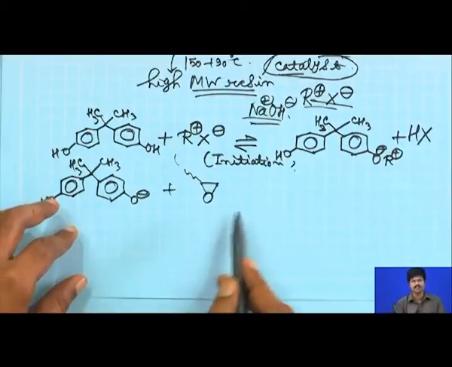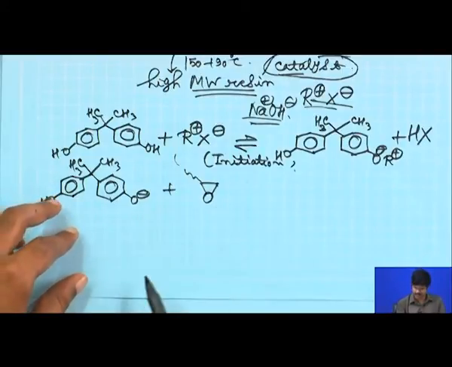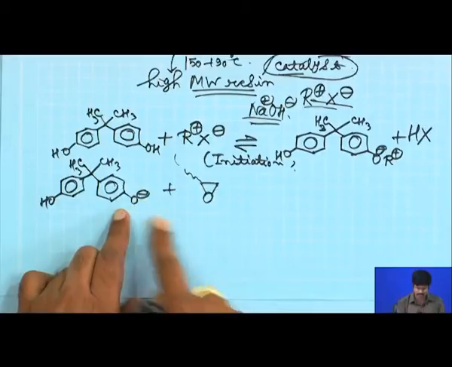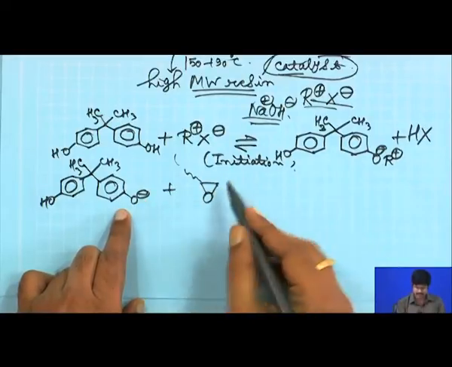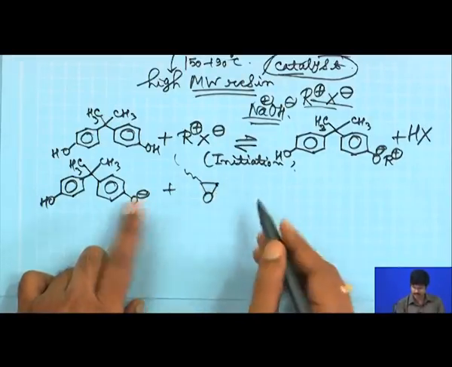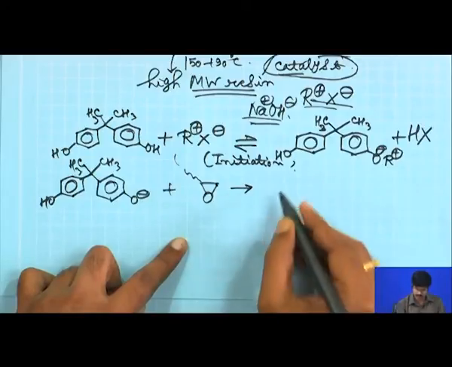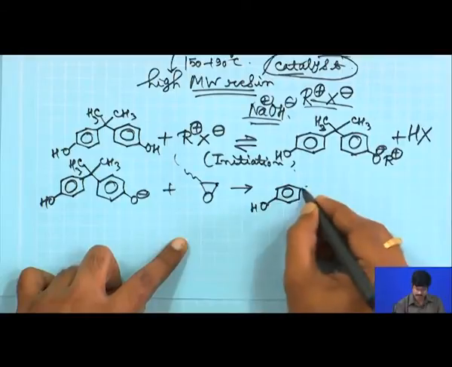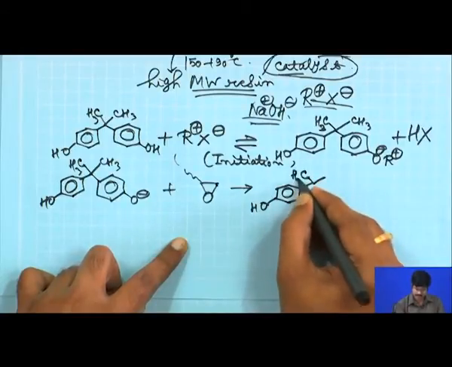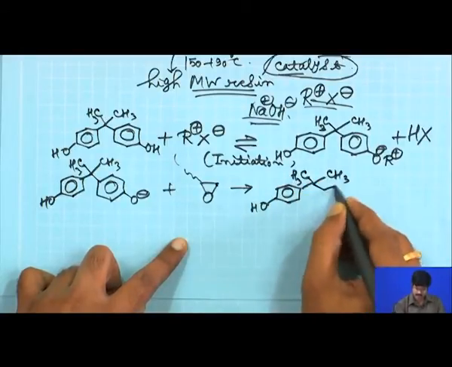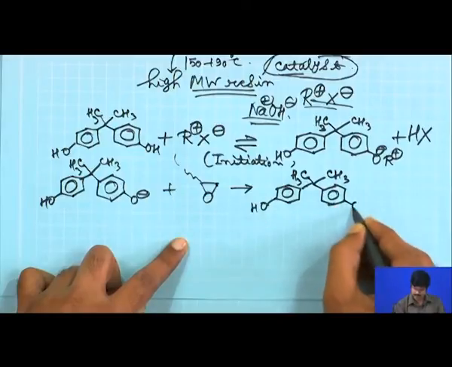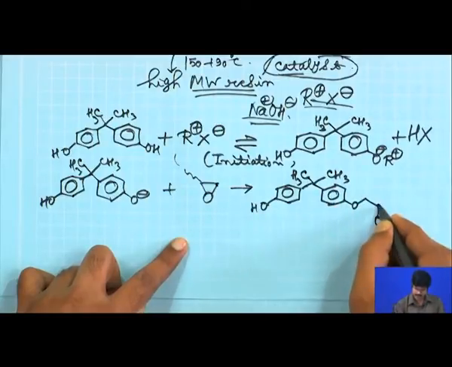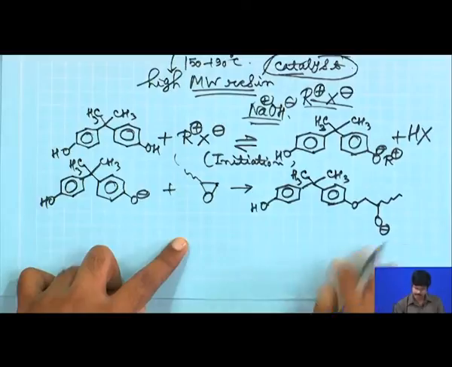Even if it is diglycidyl ether of bisphenol A, it has the epoxy linkage. So, this will attack on the less hindered site here, more accessible here. So, it will produce this unit.